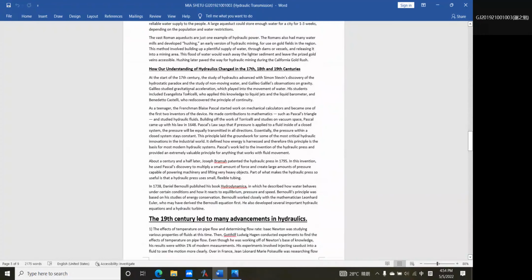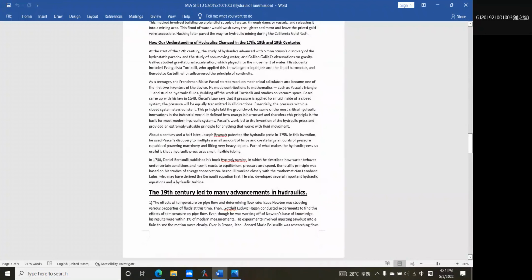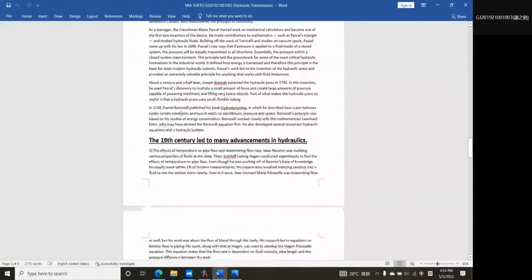Galileo studied gravitational acceleration, which played into the movement of water. His students included Evangelista Torricelli, who applied this knowledge to liquid jets and the liquid barometer, and Benedetto Castelli, who rediscovered the principle of continuity. So I just want to skip some because this information is too much.